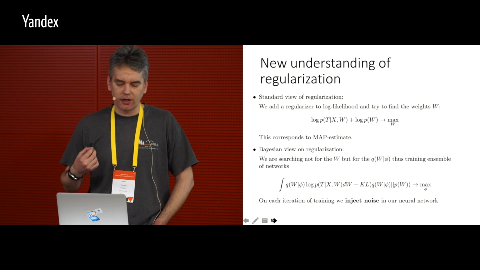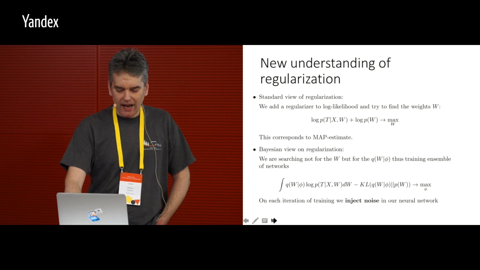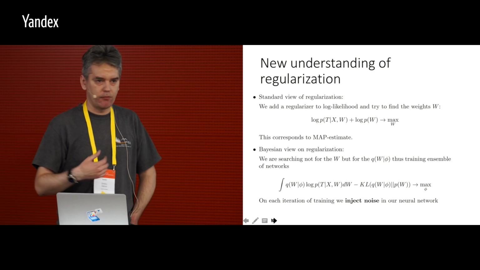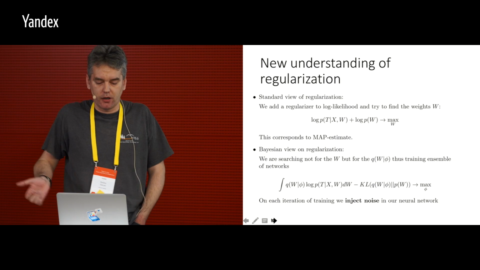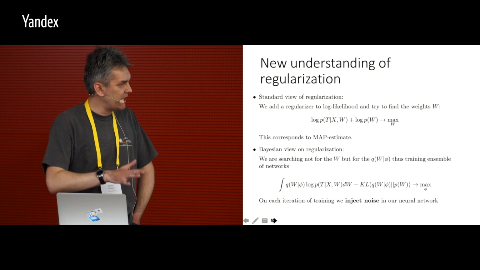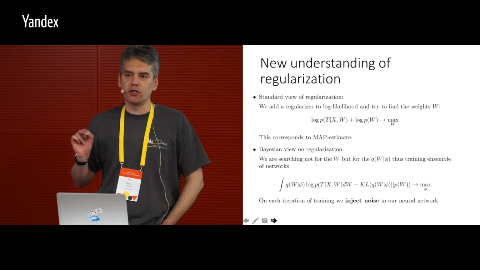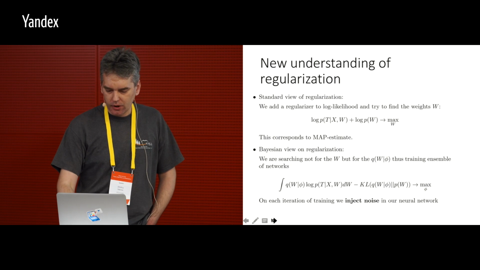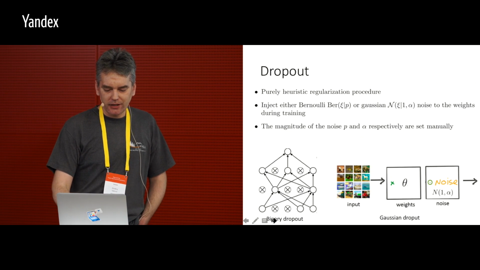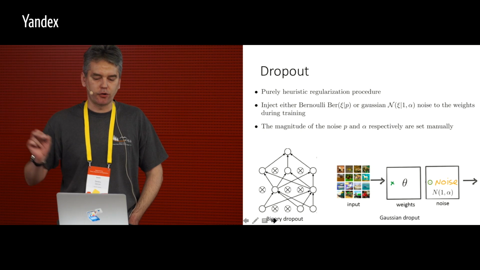So we actually train an ensemble, not a single classifier. And if we train it in a stochastic manner, and this is the only way we can, we may easily see that this procedure is very similar to noise injection, the injection of noise during training. And this looks pretty much like the dropout procedure.